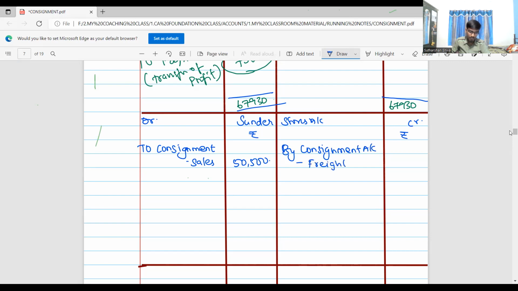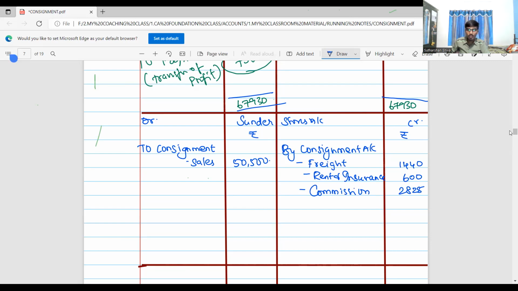Then put by consignment. Rent and insurance. Then commission. 1,440, 600, 2,825. Okay, 2,825.